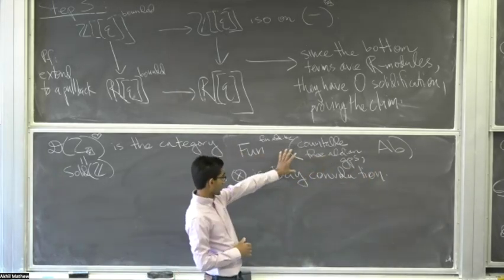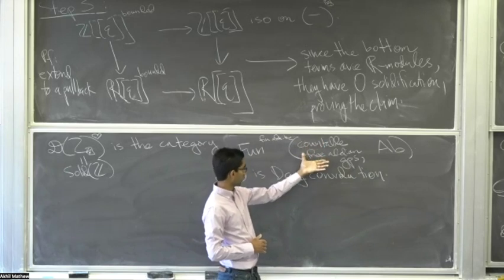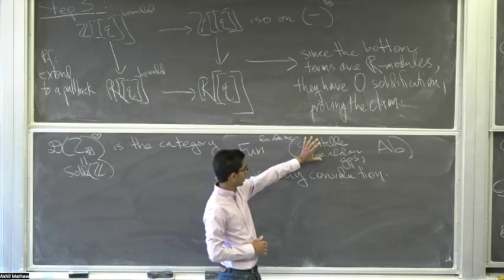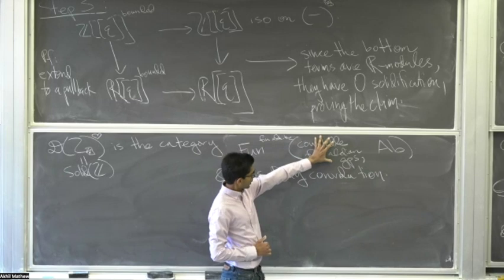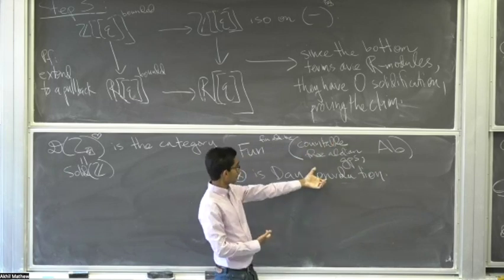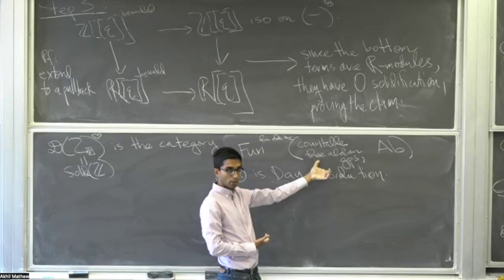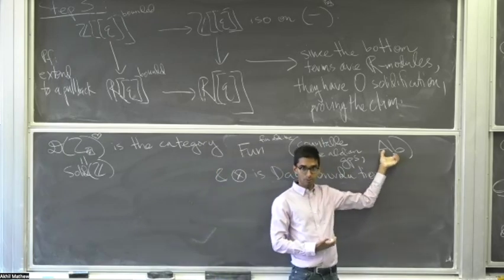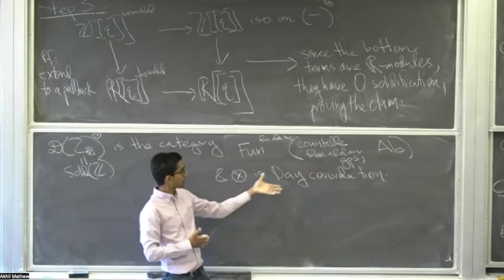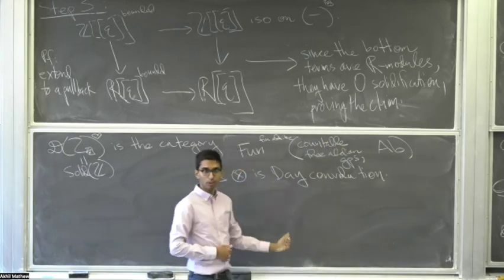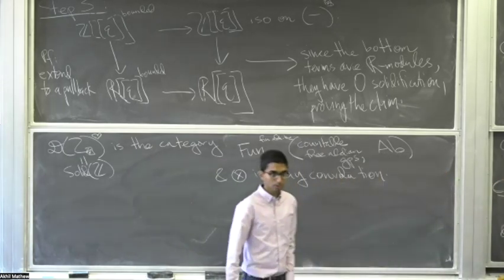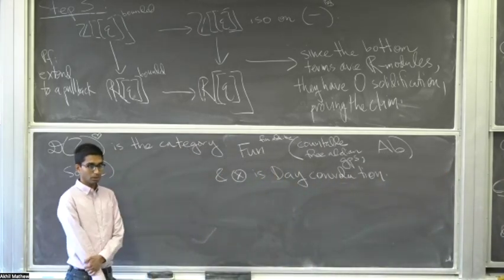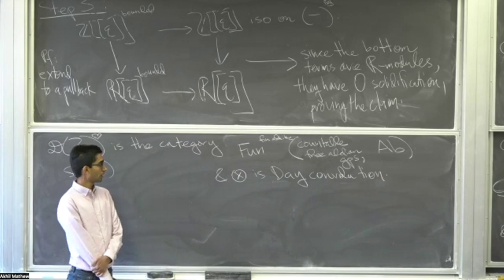So this is a general tensor product that you'll have on functors out of a symmetric monoidal category. It's basically its left Kan extension along the tensor product. But it's standard.